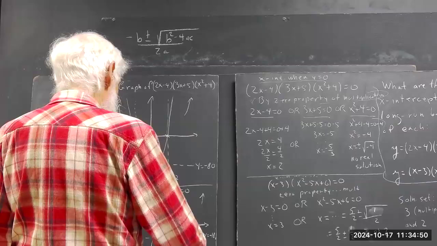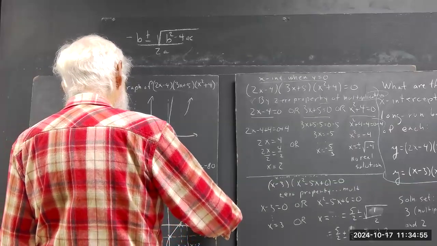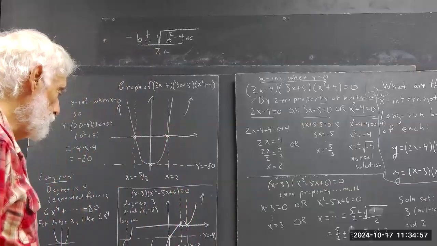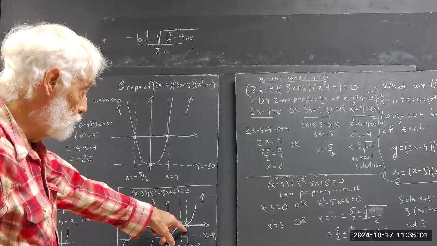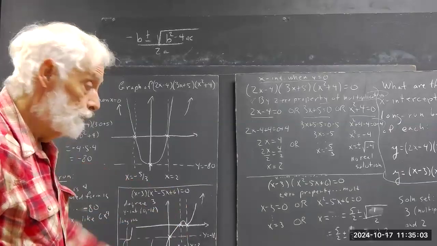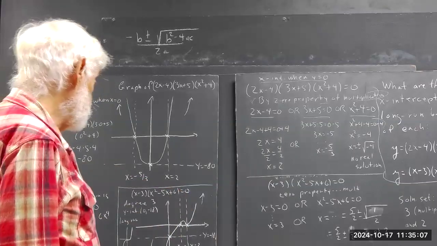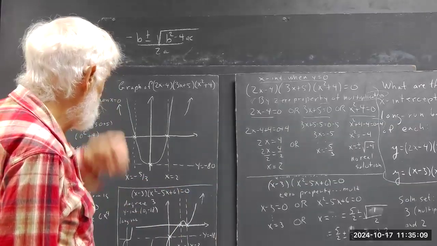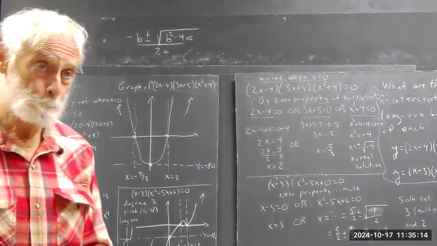So that means we come up here. We come down here, and this is a zero of degree 2. So it acts like a squared function close to this point. So there it is. Now we've been over most of that. But this will give you a synopsis.